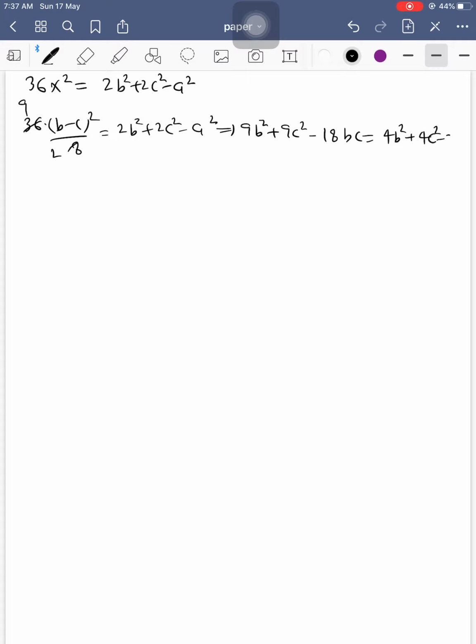We can write 36 into (B minus C) whole square by 8 equals 2B square plus 2C square minus A square. This will imply 9B square plus 9C square minus 18BC equals 4B square plus 4C square minus 2A square.